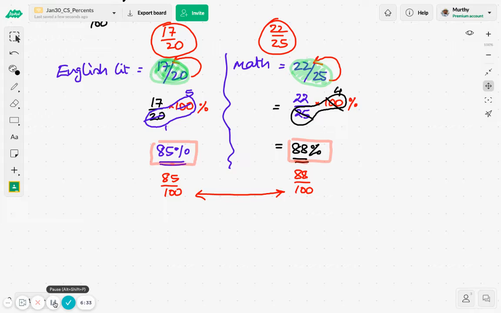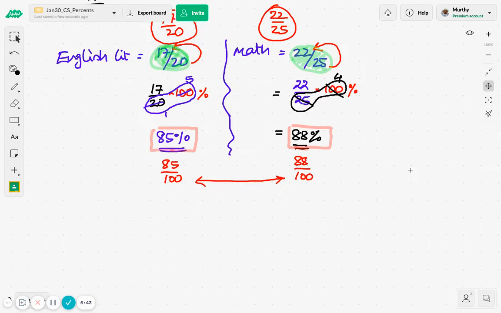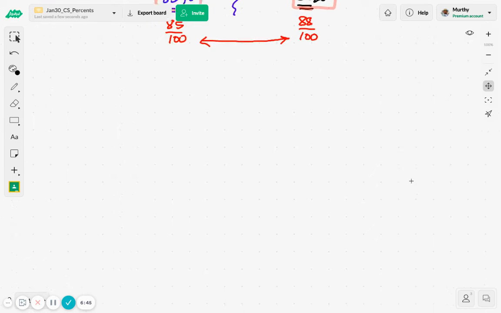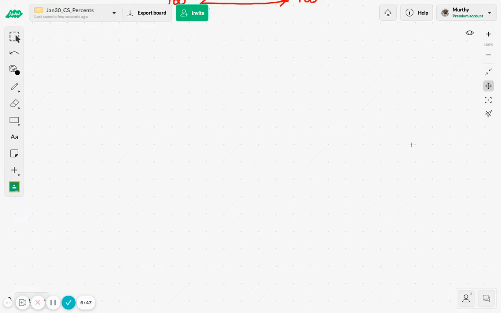And one more thing: why we are multiplying by 100, I'll explain. Suppose you are given a number, let's say some 5, and if you multiply by 1, still the result is the same, there is no change.